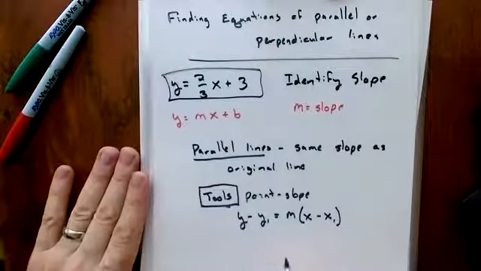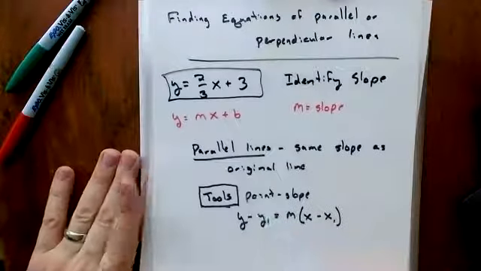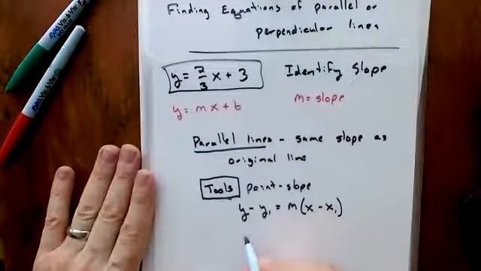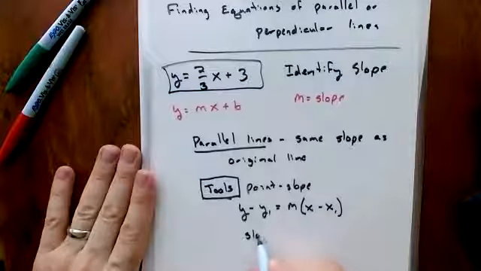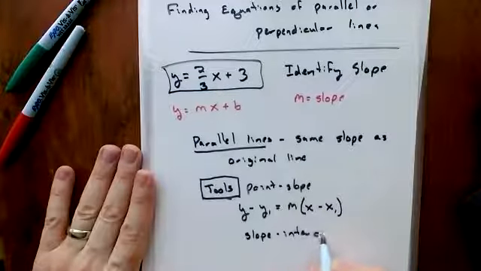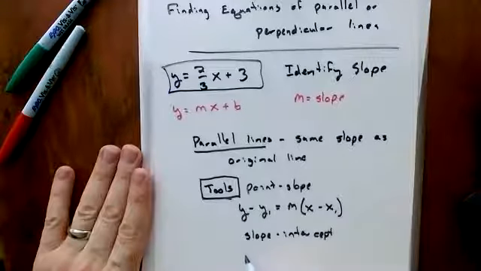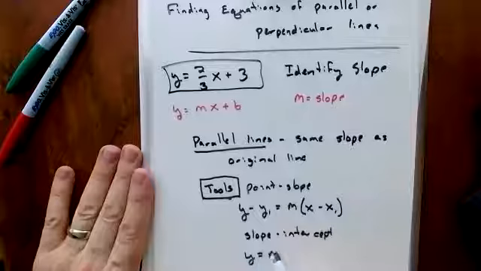Or if we happen to be lucky enough to be given a y-intercept, we could also use the slope-intercept form, y is equal to mx plus b.